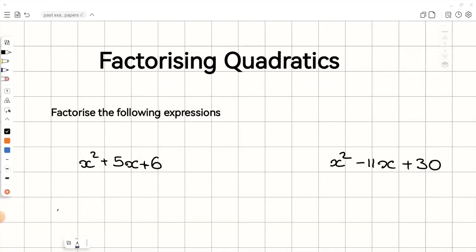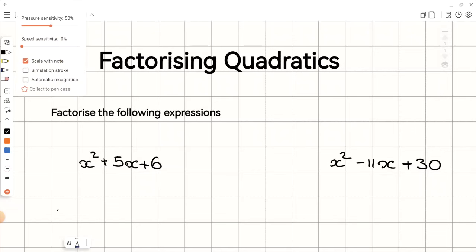So we have here x squared plus 5x plus 6. Our goal is to factorize this expression, which means we want to express it as a product of two binomials. Now we're going to see what that means.